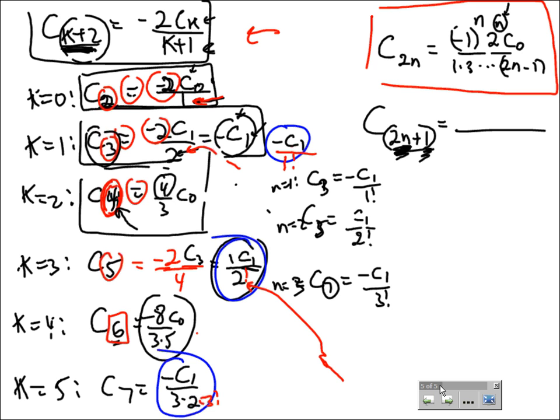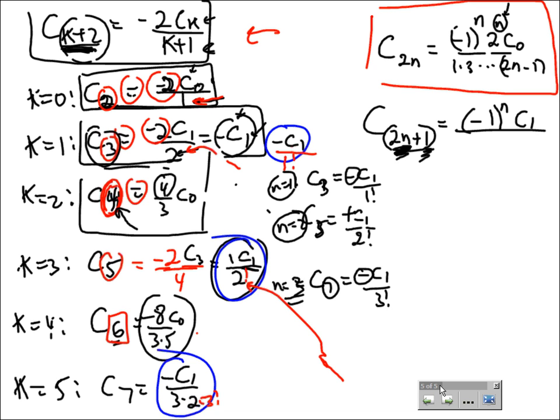Now, if you do negative 1 to the n, where n is 1, you'll get a negative. And if you do negative 1 to the second, you'll get a positive. If you do negative 1 to the third, you'll get a negative times C1.